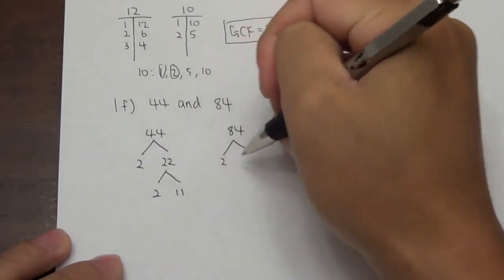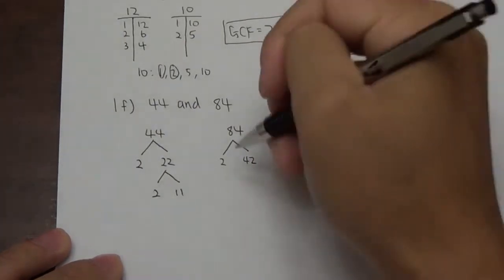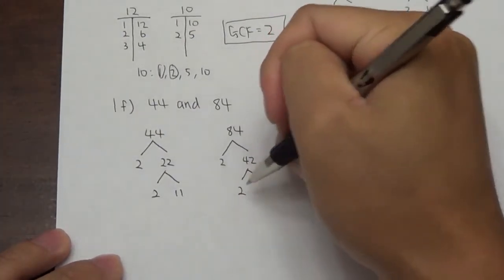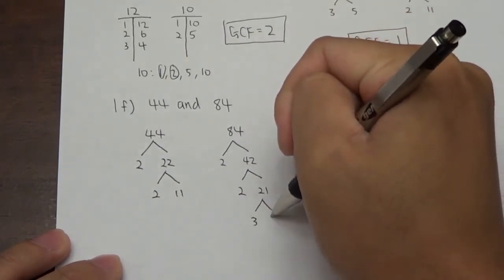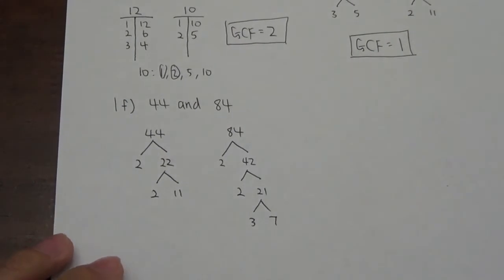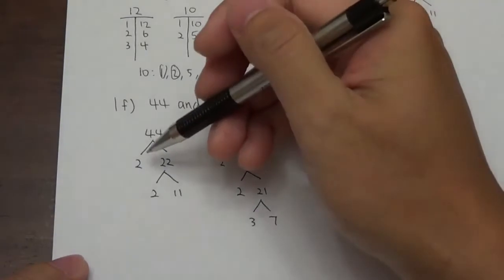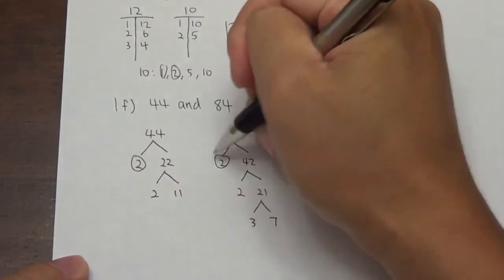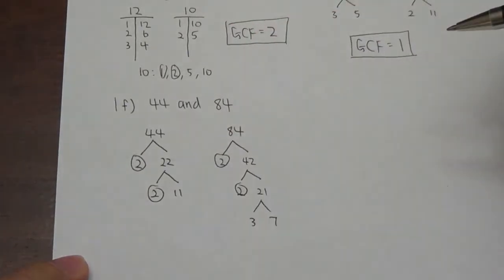Okay, 84, I can factor out to 42, 2, and then 21, and 21 can be factored to 3 and 7. Okay, now I look for any common factors. So they share a 2, they share another 2, and then that's it.